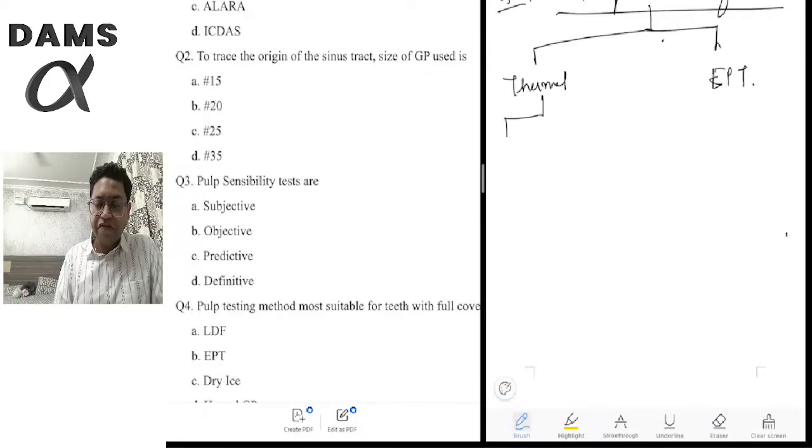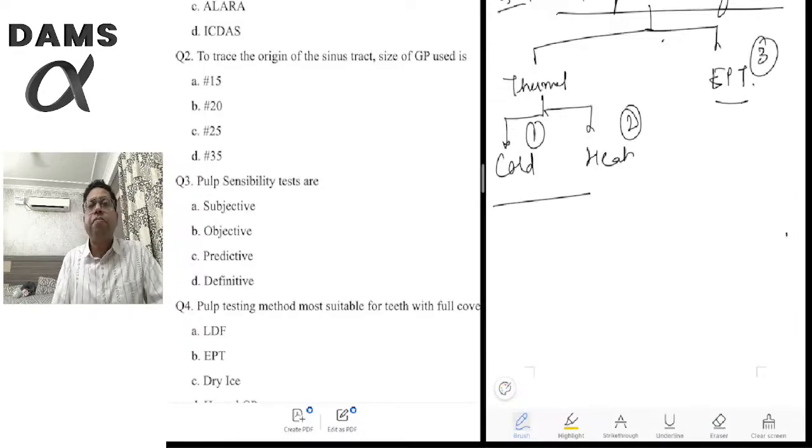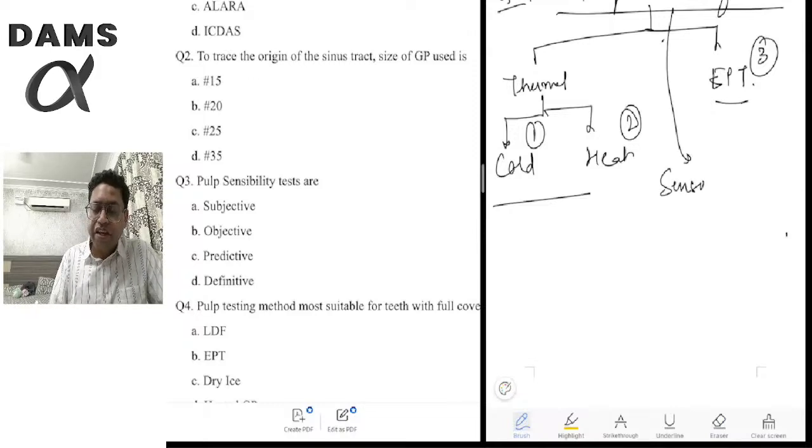The thermal tests are of further two types, the cold and the heat test. So cold test, heat test and electric pulp testing are called pulp sensibility tests because they rely upon sensory nerve fibers of the pulp.